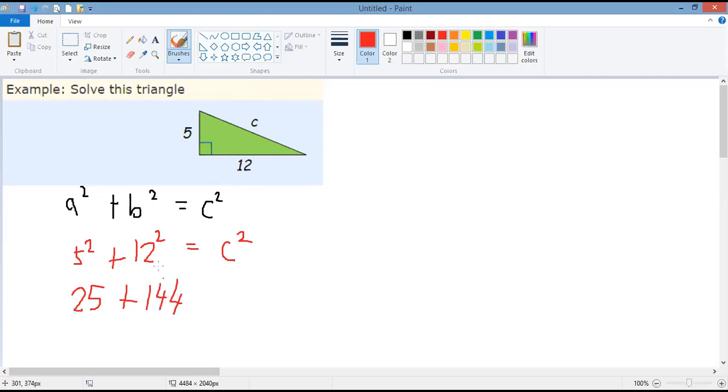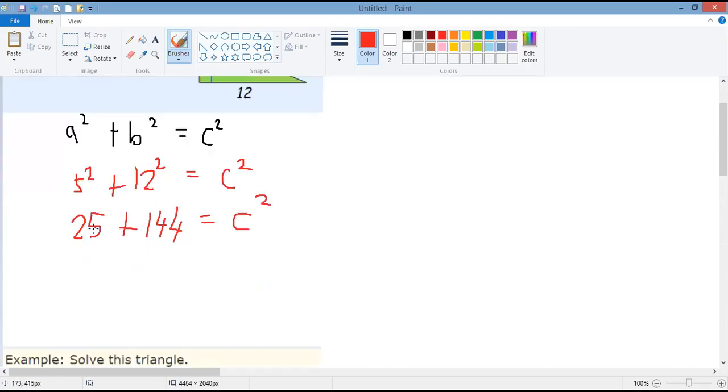This is why you learn the previous chapter, square and cube root and so on, so you know how to find out the value of these. So now you have C square, but what you want to find is the value of C only. 25 plus 144 gives you 169, which is your C square.